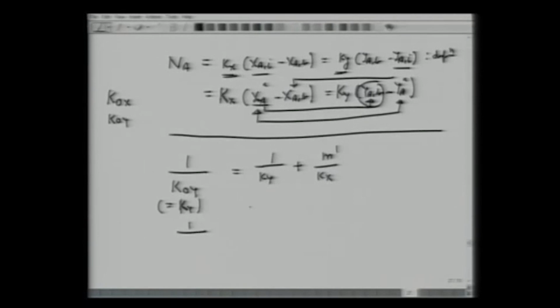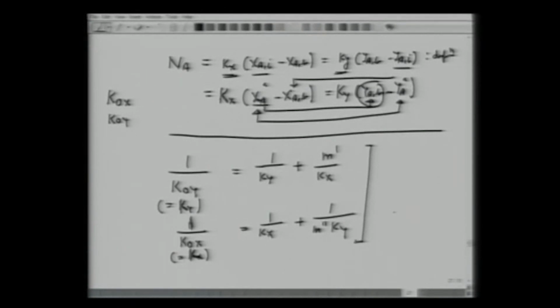We'll come back to this. What is this m here? We'll make use of the graphs for the interpretation of this m prime. This also equals, we can write KOX, which is nothing but capital KX, equals 1 over small kx plus 1 over m double prime into ky.